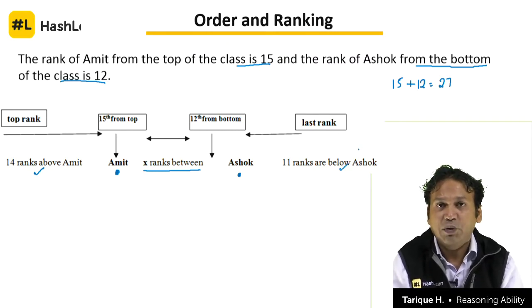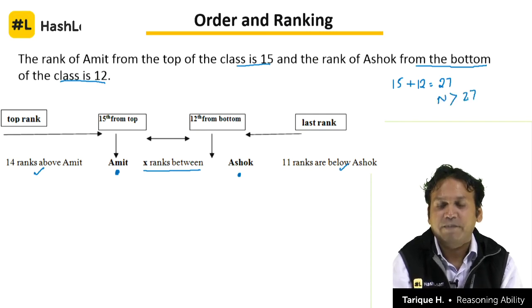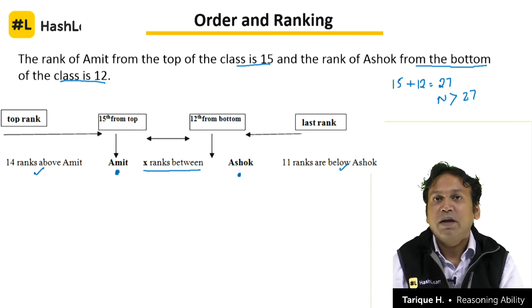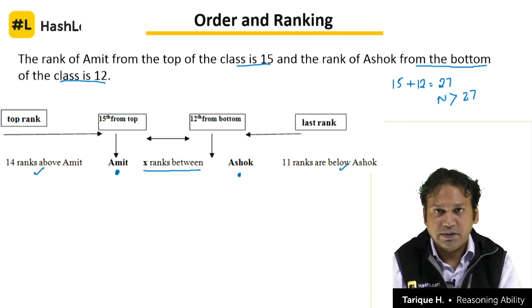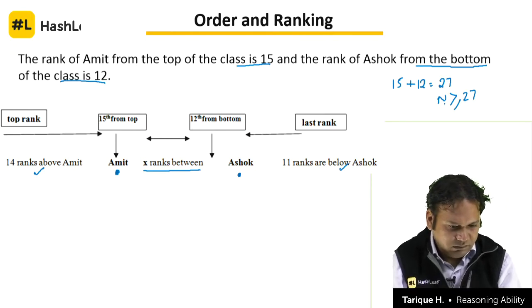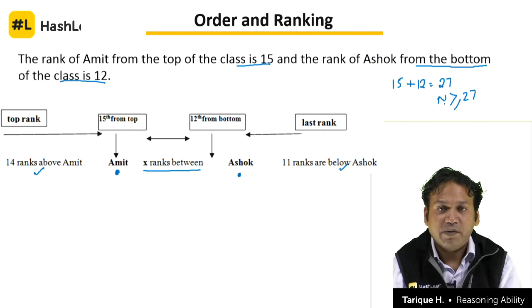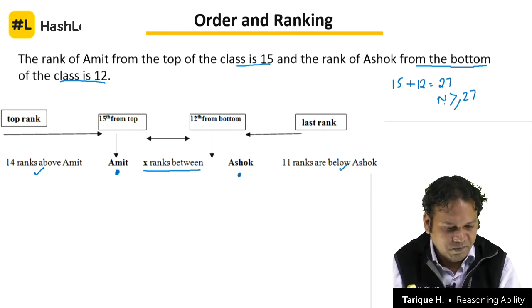In such a scenario, the number of students will be more than 27. So that is one scenario that is definitely there to keep in mind when looking at a question where the number of students is not given to us.